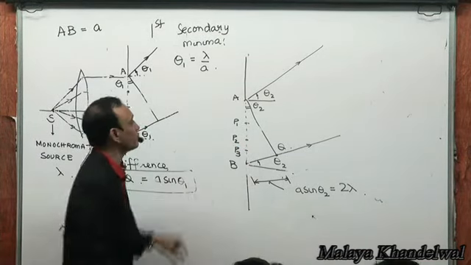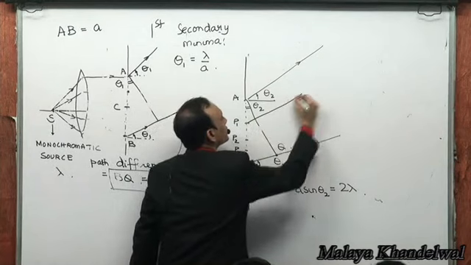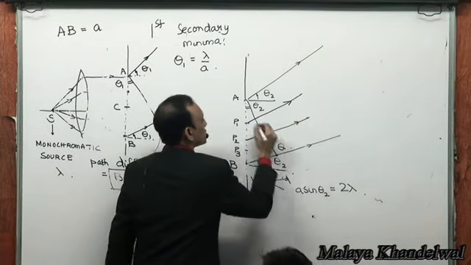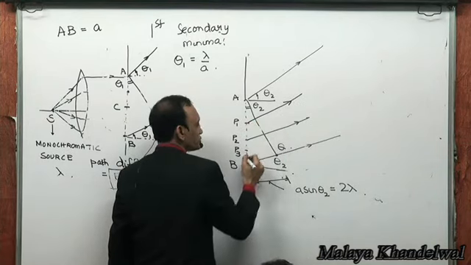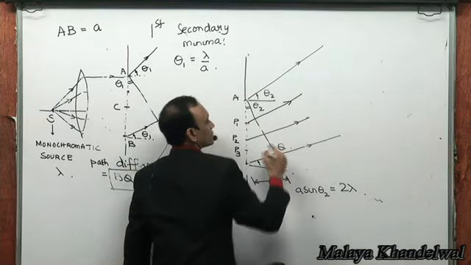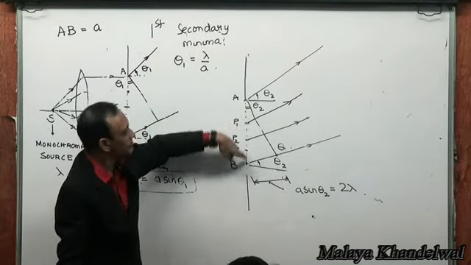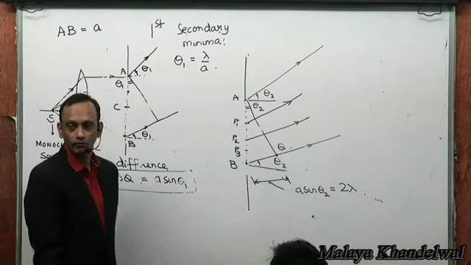And from these points, again, at an angle theta 2, parallel to these rays from A and B.